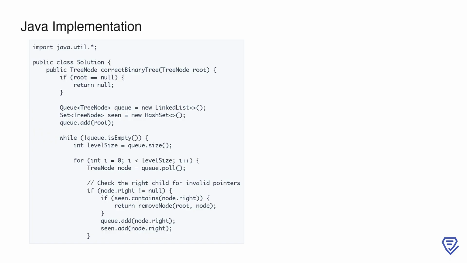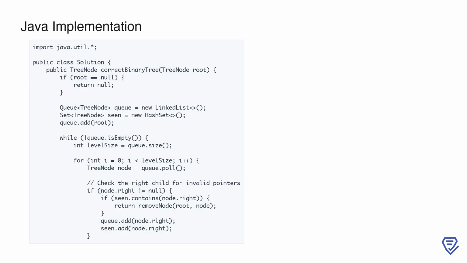Inside the while loop, we process each level of the tree by iterating through all nodes at the current depth. For each node, we first check its right child. If the right child has already been visited and is in our set, this indicates that we've encountered an invalid pointer. In this case, we immediately call the removeNode helper method to remove the problematic node and return the corrected tree.